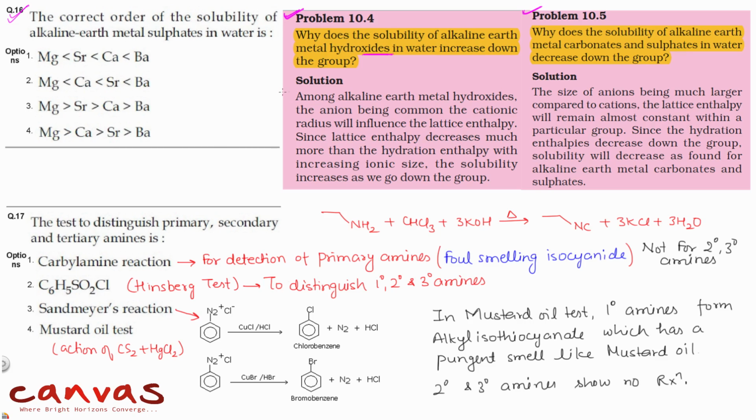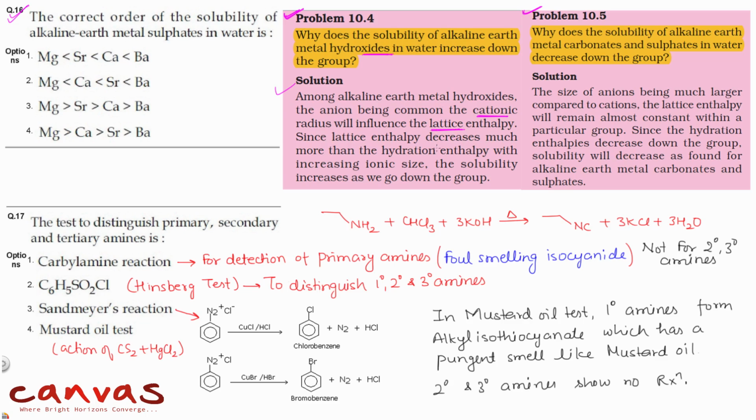Among alkaline earth metal hydroxides, the anion being common, the cationic radius will influence the lattice enthalpy. Since OH negative is not a very big anion, the cation is responsible for the major change in lattice enthalpy.